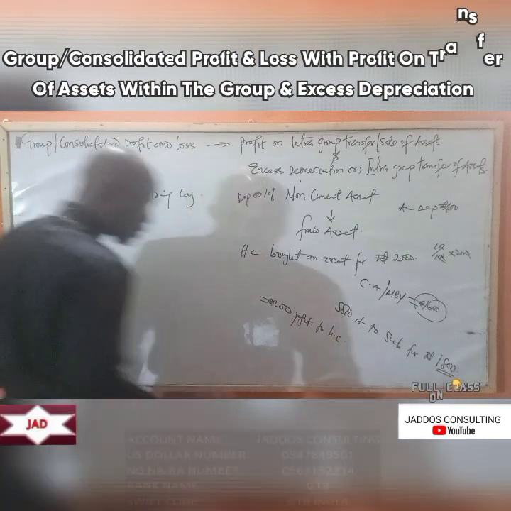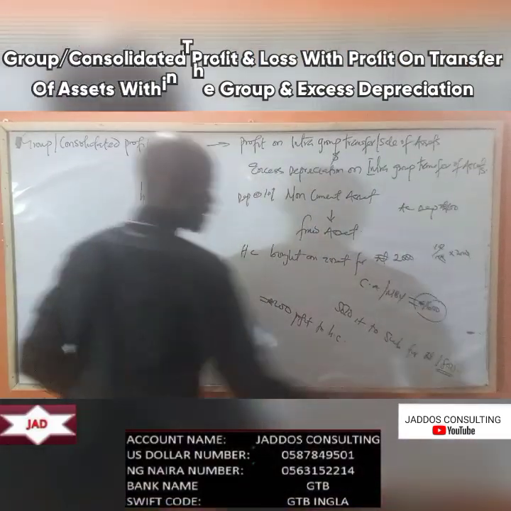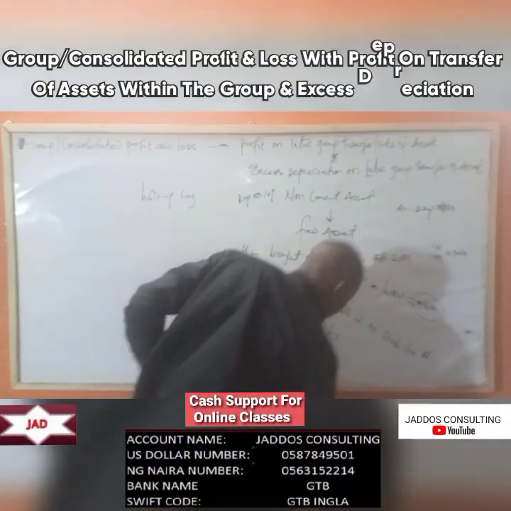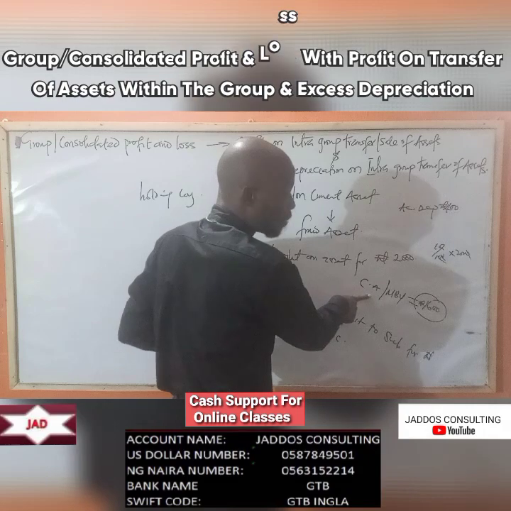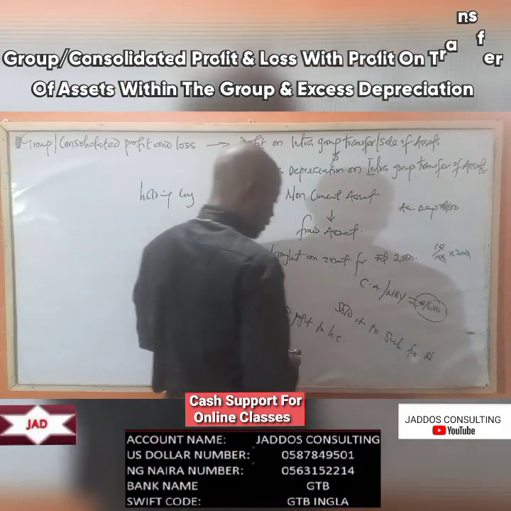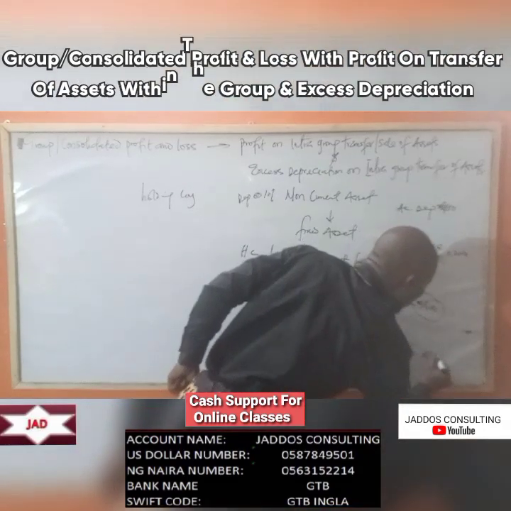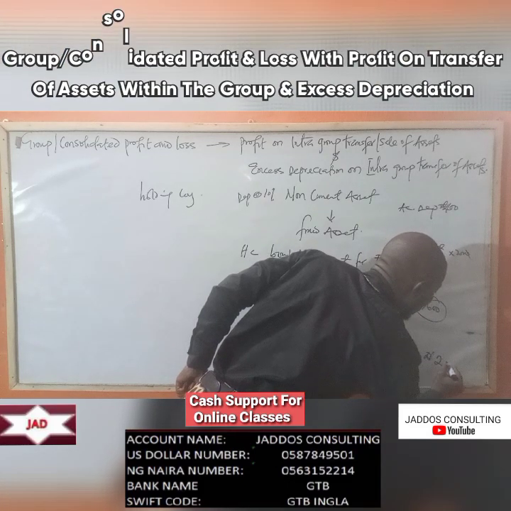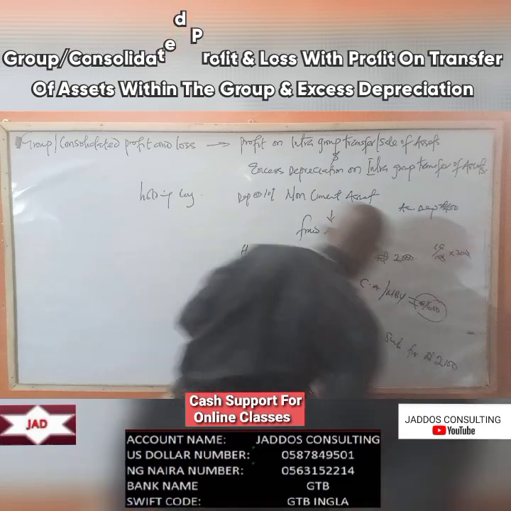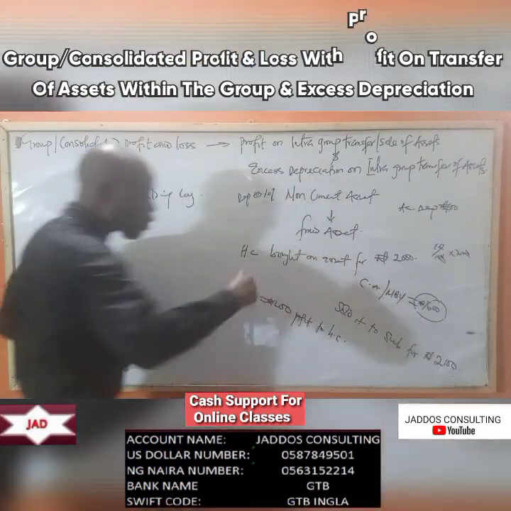Now, let's say at this net book value of 1,600, it was sold for 2,100. So what will be the profit?